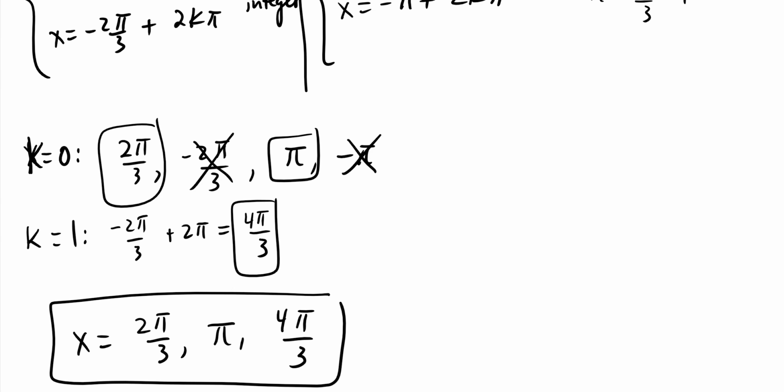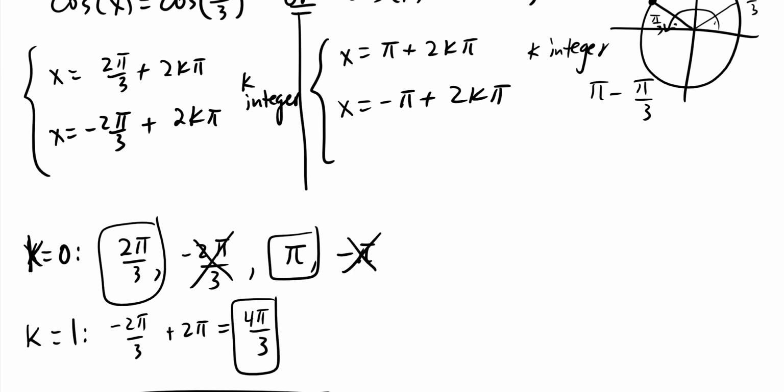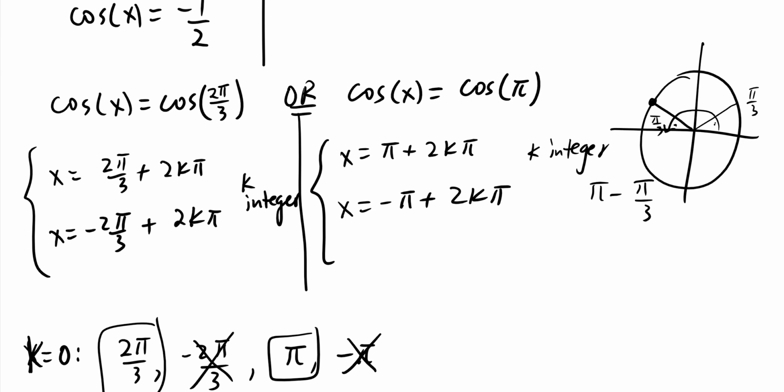Sometimes people look at it this way. If it's linear and I'm working only from 0 to 2 pi, we might get only 2 solutions. If it's quadratic, we get 4. How come we get 3 here? What happened is pi is duplicated in 2 equations, but we don't have to repeat it more than once. Now, are there any other solutions?